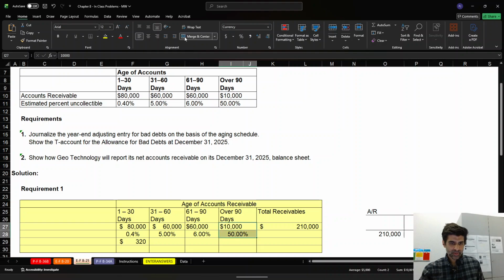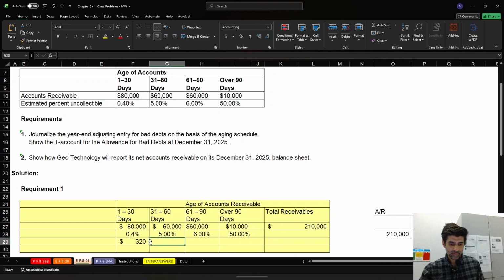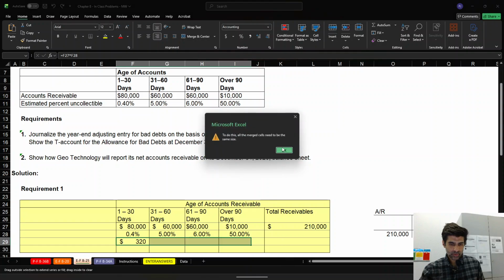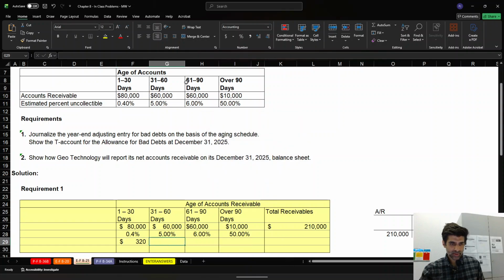There's a weird formatting thing here. Let me just fix that. It's because this is merged too. Okay, third and final try. Okay, so this does all the calculations.